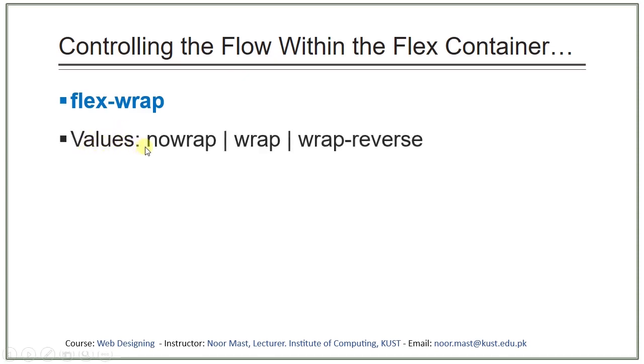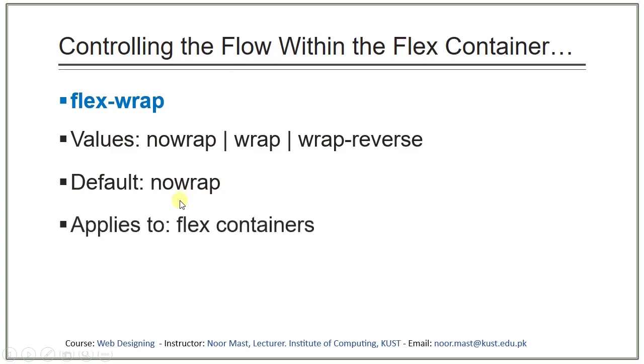The values of the flex-wrap property are nowrap, wrap, and wrap-reverse. The default value of this property is nowrap, that is, all flex items will be on one line, while this property applies to the flex container.